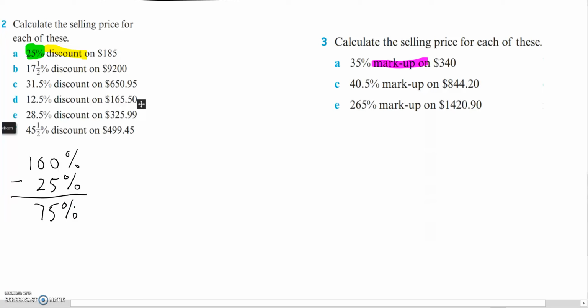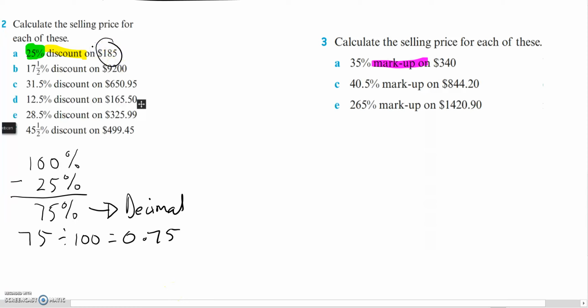From here, all we need to be looking at is actually just turn this into a decimal. So 75 divided by 100 is going to give us 0.75. We can now basically just call that 75% of the 185 that we're looking for. So 0.75, we multiply that because multiply is of, 185.